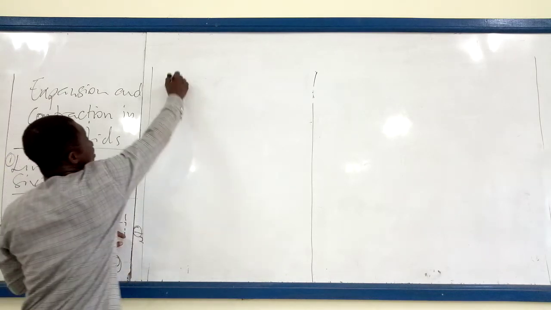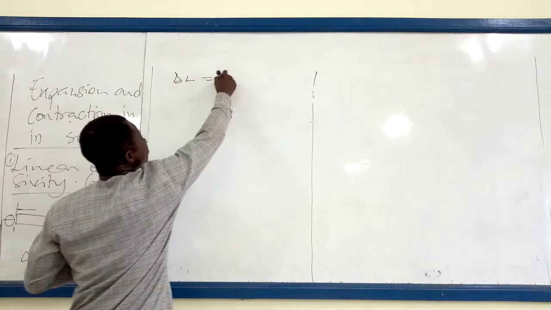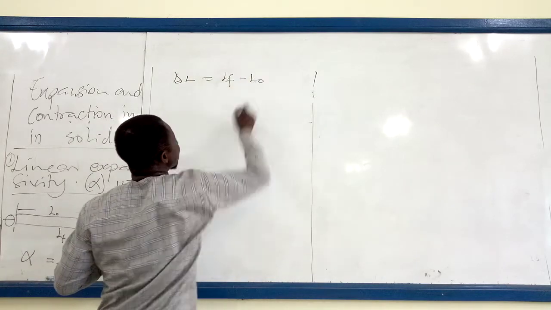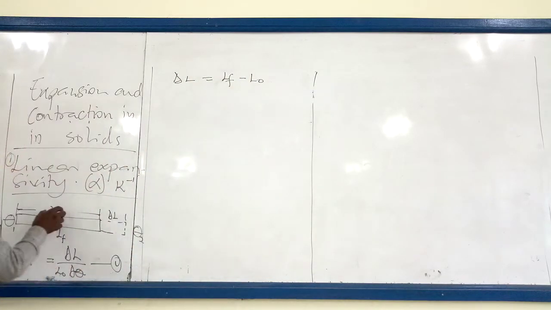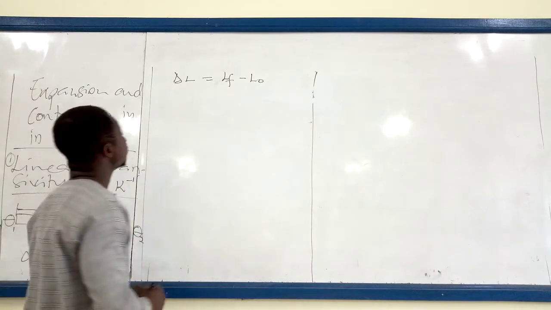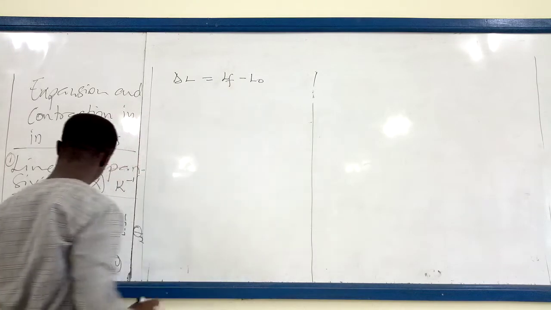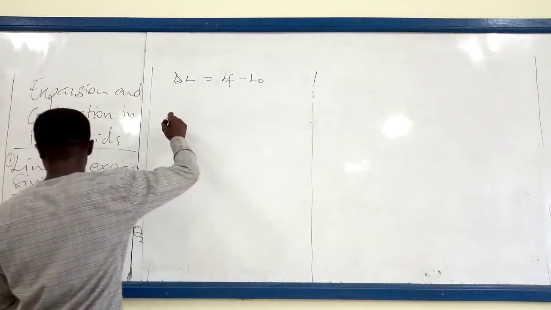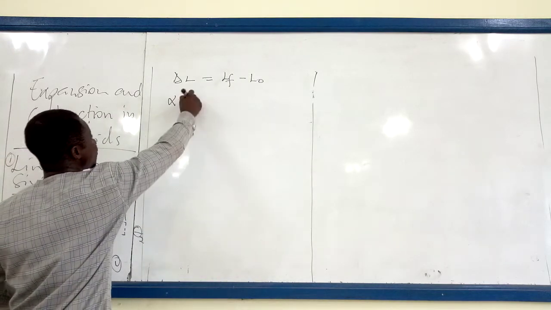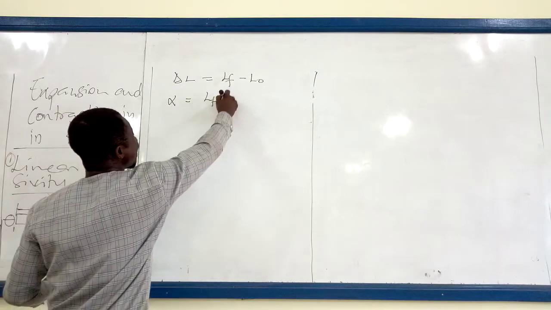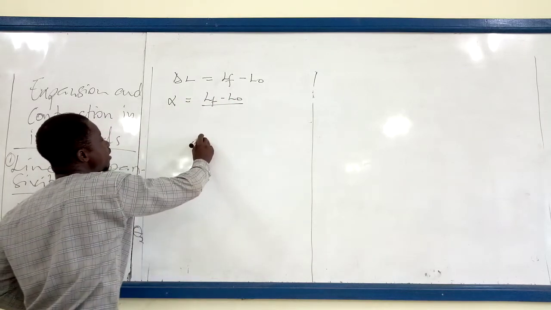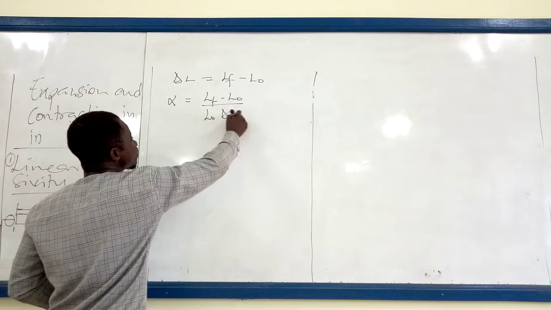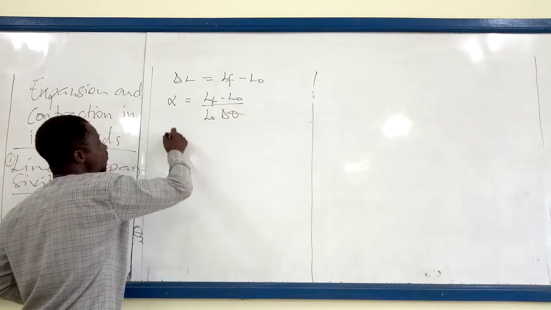The change in length delta L is given by LF minus L0. When we subtract the old length from the new length, that gives us the change in length. So when we put this into equation 1 and solve for LF, we get alpha is equal to LF minus L0 all over L0 delta theta. We make LF the subject.